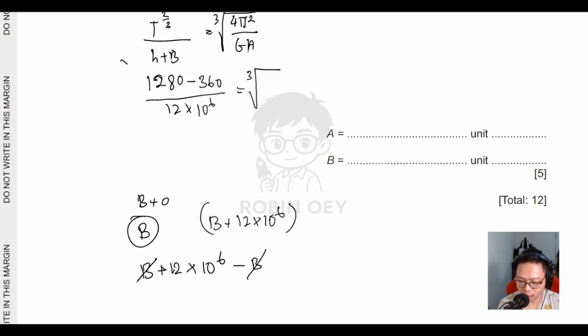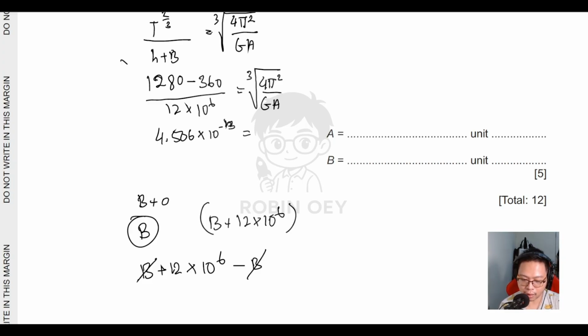Then from there I just re-input this G A. Now it would be 4.506 times 10 to the power of negative 13.